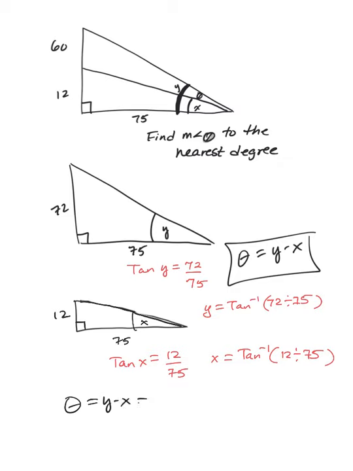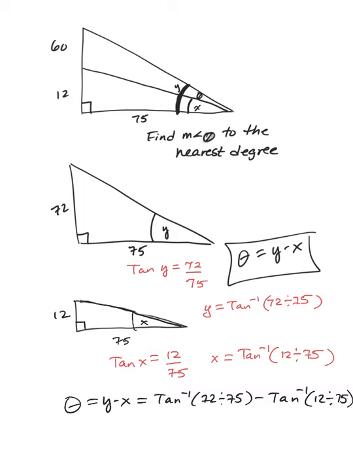So that's going to be tan inverse 72 divided by 75 minus tan inverse 12 divided by 75. Okay, pause the video and type this into your calculator. Then come back and round it to the nearest degree and see if your answer coincides with mine.